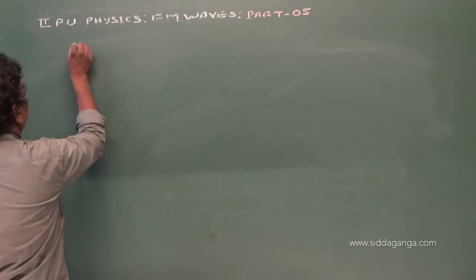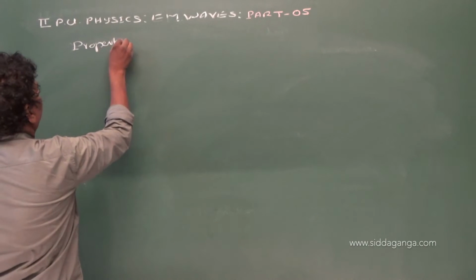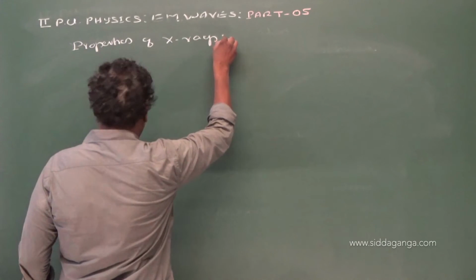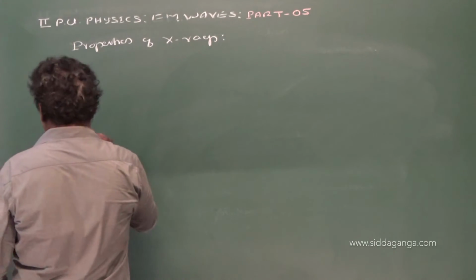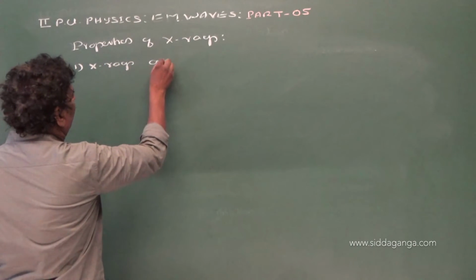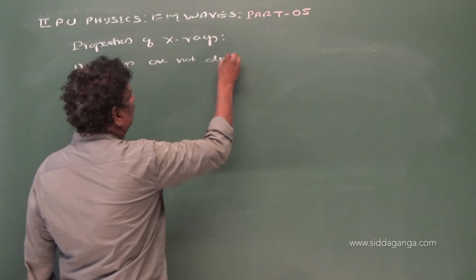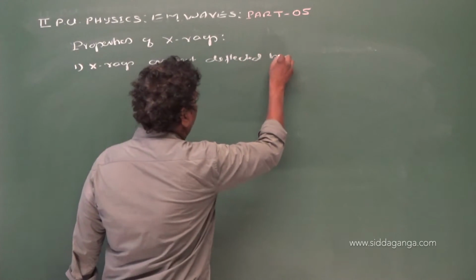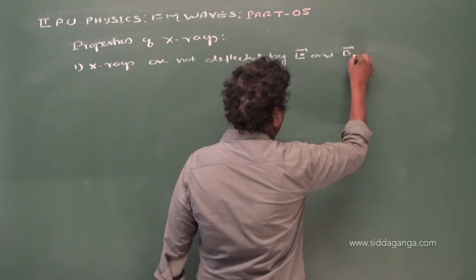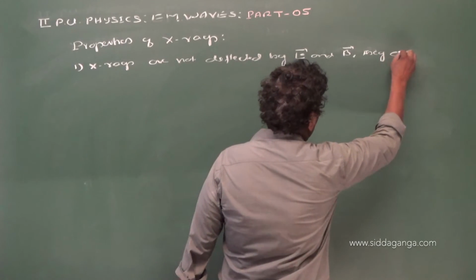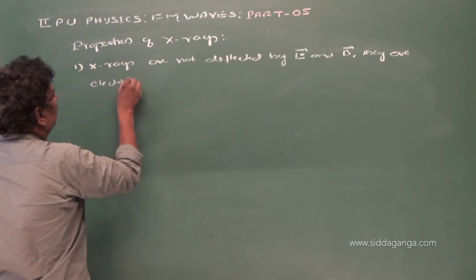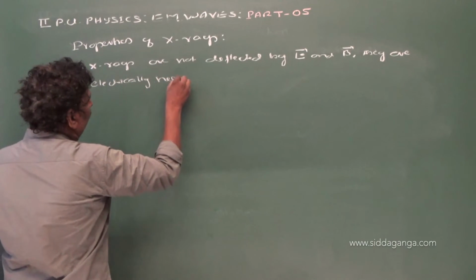Now, properties of X-rays. Right. So, X-rays are not deflected by electric field and magnetic field. They are electrically neutral.